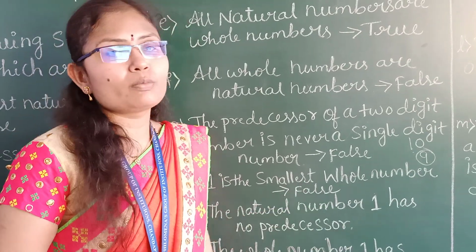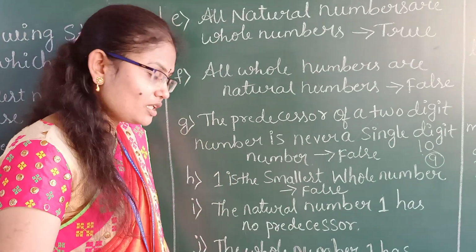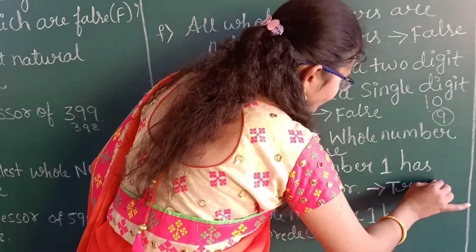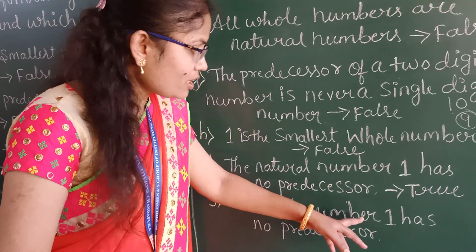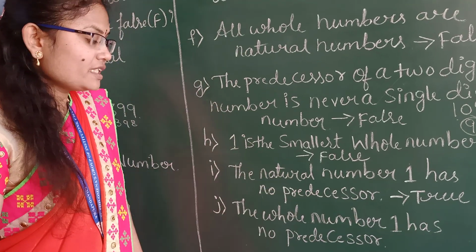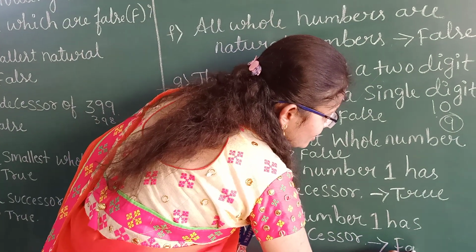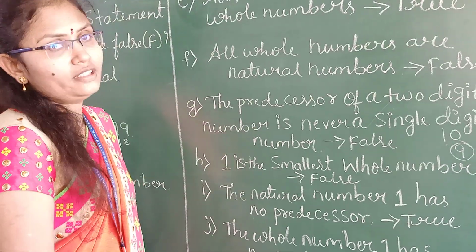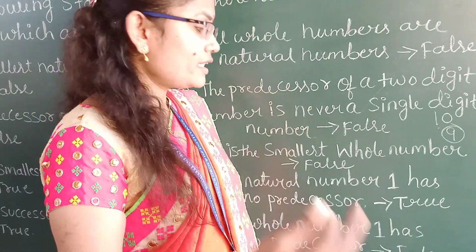The natural numbers begin from 1, so there is no predecessor for 1 in the natural numbers. This statement is true. Next, statement J. The whole number 1 has no predecessor. It is false. Why? The whole number 1 has a predecessor, that is 0.